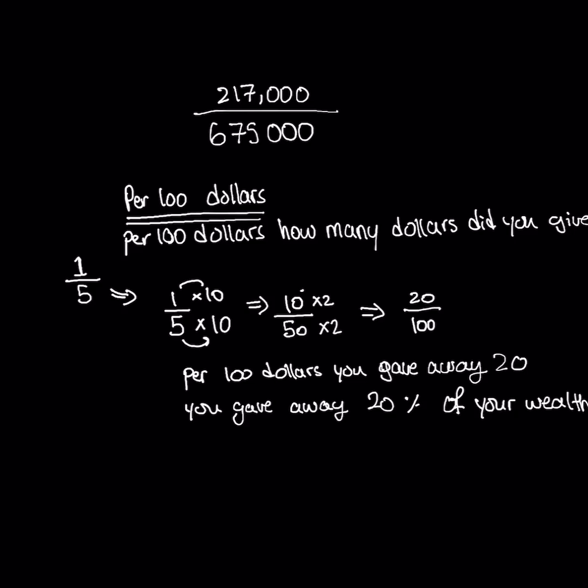So for every $100 you had, if you had $100, you would give away 20 if you gave somebody money at this ratio. It's kind of confusing, but that's how it is. So you've got to deal with that confusion and figure out how it makes sense for you.